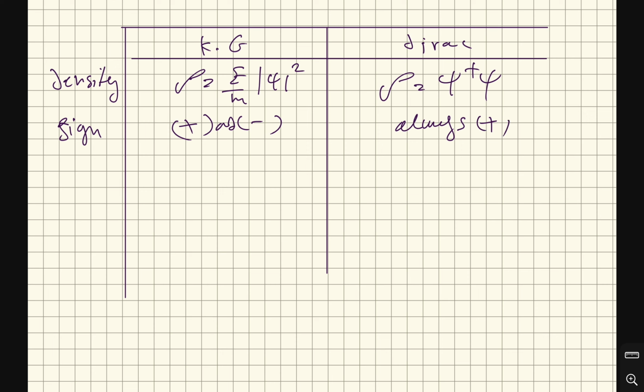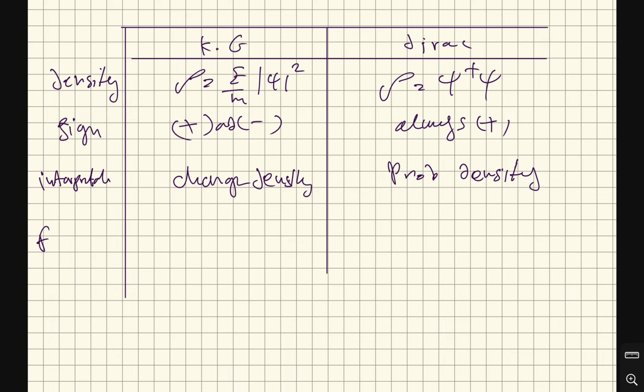Okay? The interpretation here is a charge density, and here is a probability density, which is what we want, right?